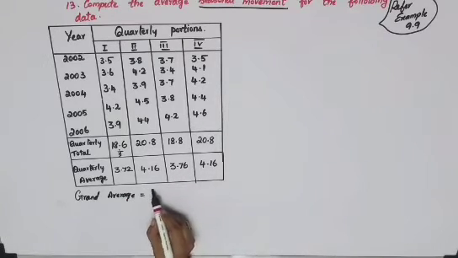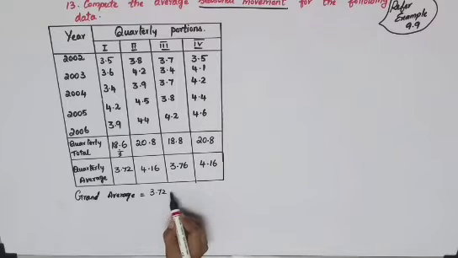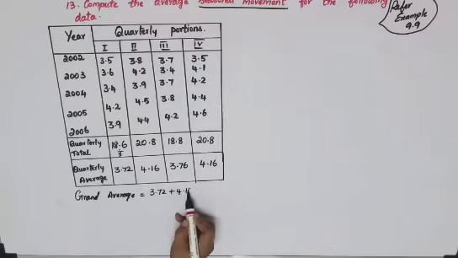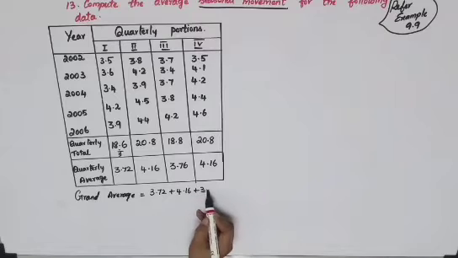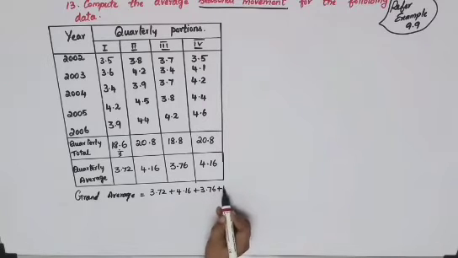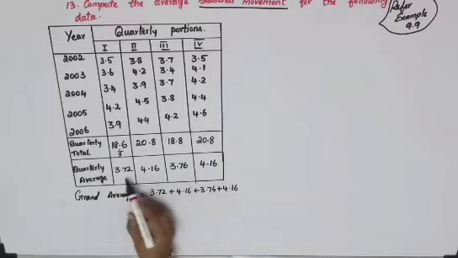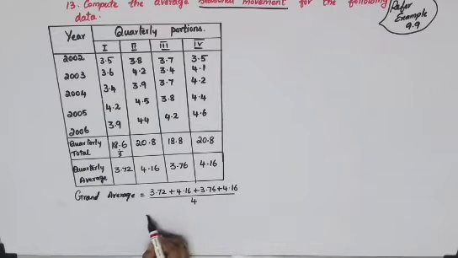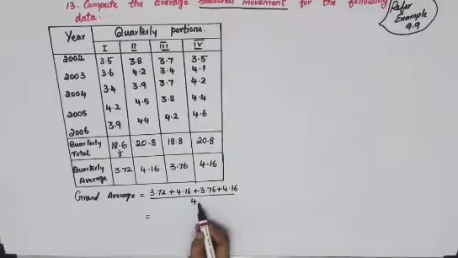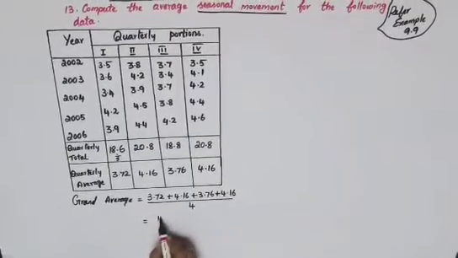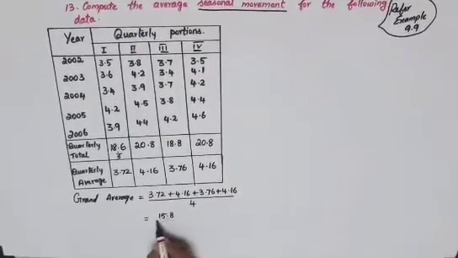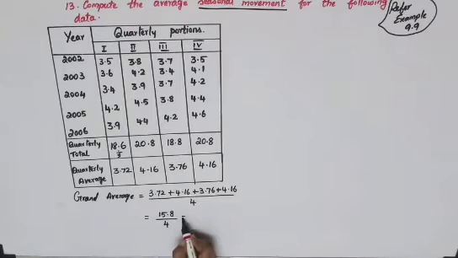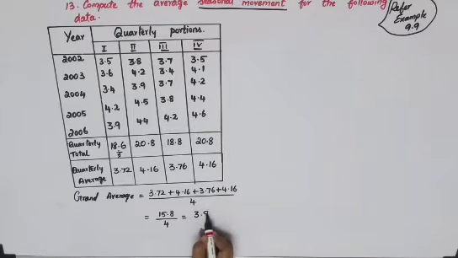So adding, you will get 3.72 plus 4.16 plus 3.76 plus 4.16, all these 4 values divided by 4. That is 4 quarters, because of that it is 4. So adding you will get your answer 15.8 divided by 4. Your final answer will be 3.95. So this is your grand average.